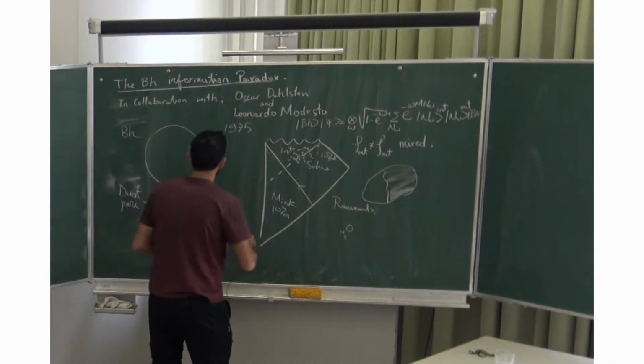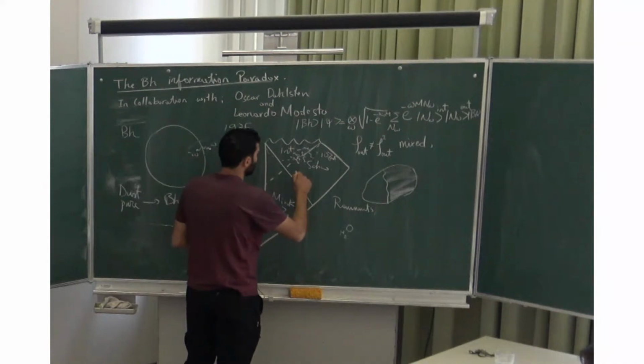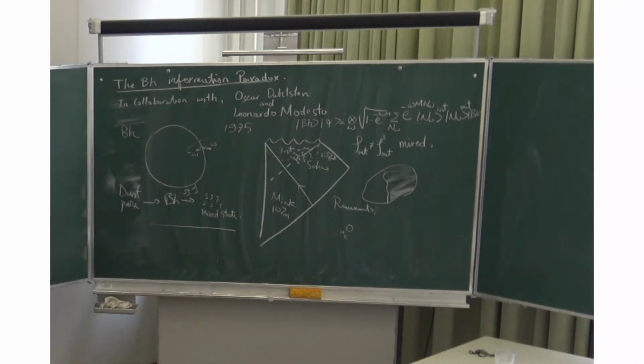Another thing which was proposed a long time ago, maybe in 1993, by Don Page. Don Page studied large systems in randomly generated pure states. Just no black holes, just any large systems in randomly generated pure states, and started to take small subsystems out.